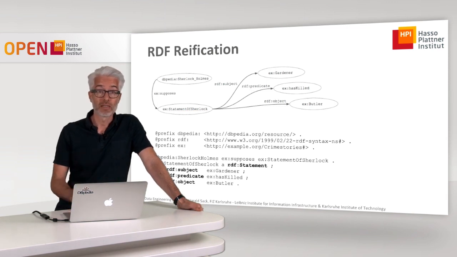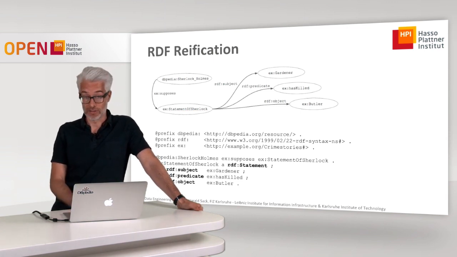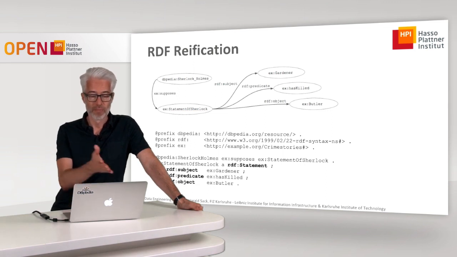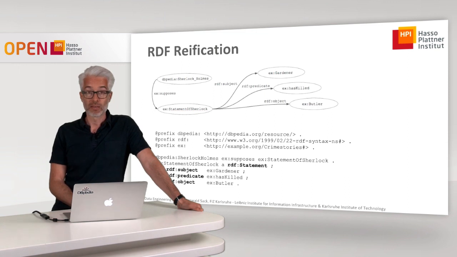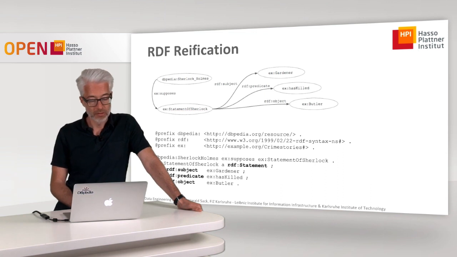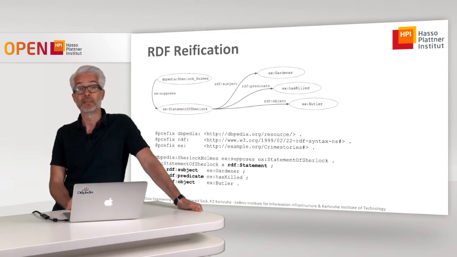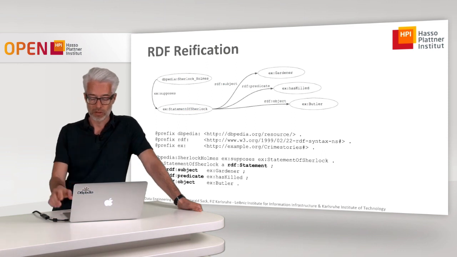We say here statement of Sherlock is an RDF statement, so it is of RDF type RDF statement. And then we define the RDF subject, which is the gardener. We define the predicate, which is has killed, and we define the butler as the object. As you see here, it's quite easy. With that, you can make statements about statements.